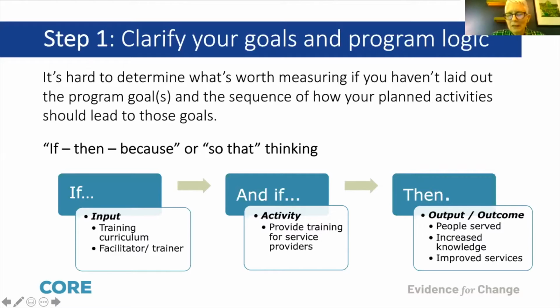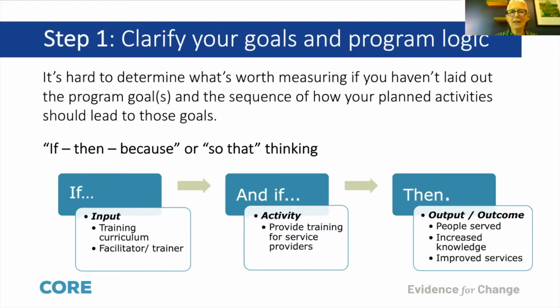Step 1 probably sounds fairly obvious, but it's easy to get lost in the weeds of measurement possibilities if you're not starting from a clear idea of, okay, we're running this particular initiative, or we're trying to expand our reach under a program we've been running for a while. What should we pay attention to?